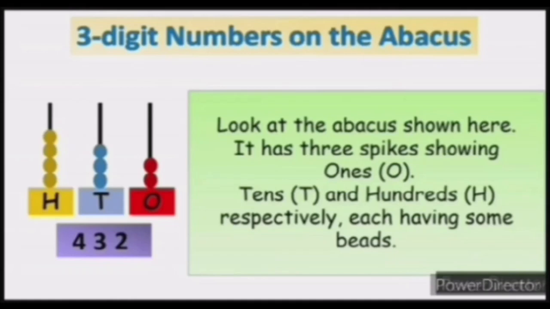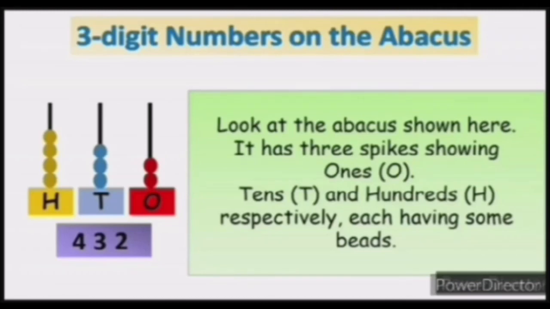Let's read the numbers shown on the abacus. Now let's learn numbers using beads. First, see the ones spike. 1, 2. So, 2 beads in ones place. We will write 2.